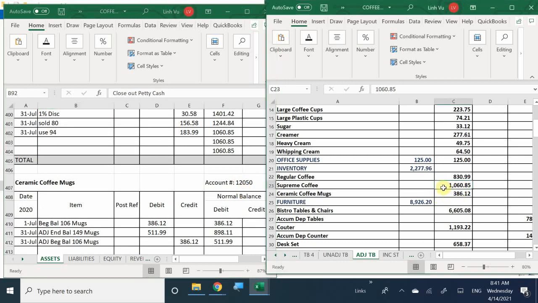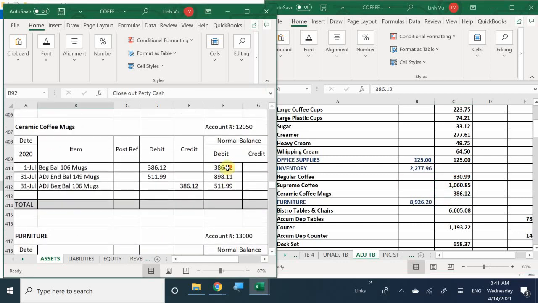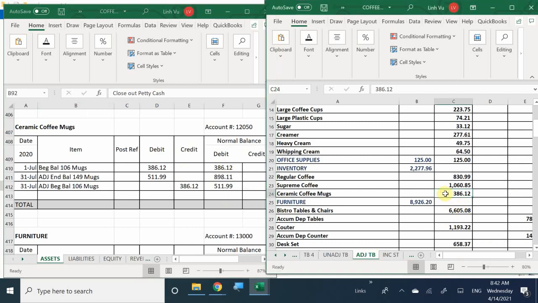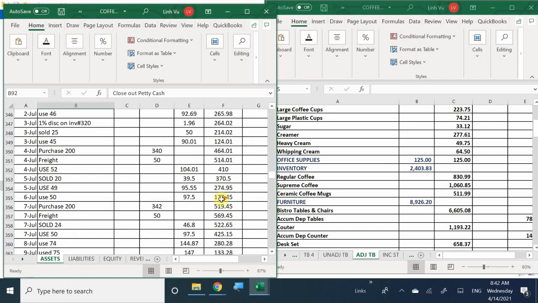No changes there? Okay, 1060.85. And then lastly, what about my ceramic coffee mugs? This should have changed. Yep, that's 511.99. Let me take a quick second look at something real quick.